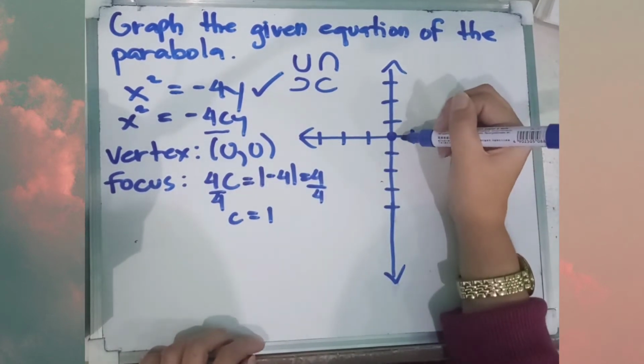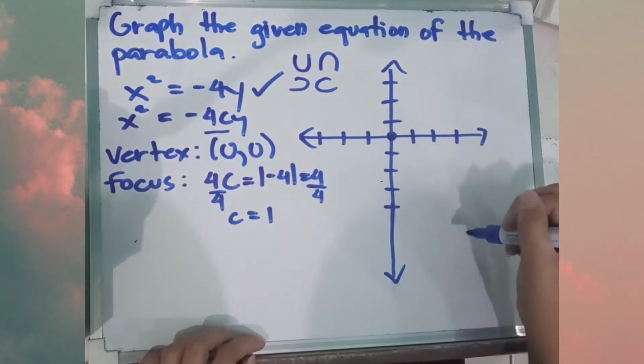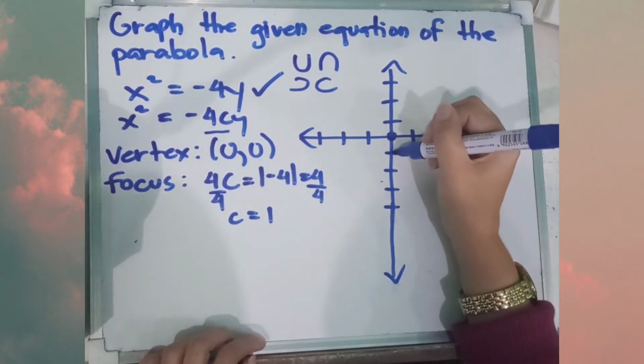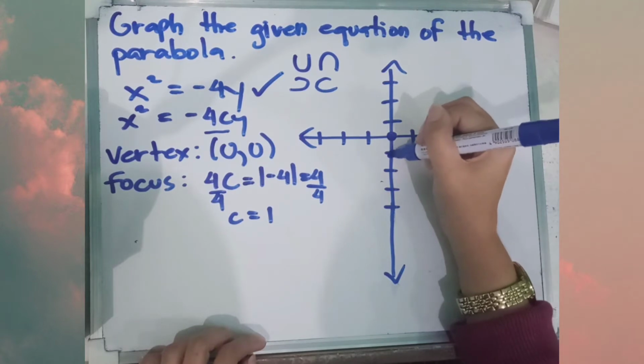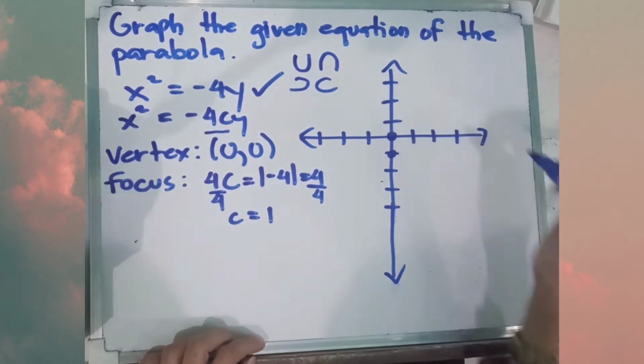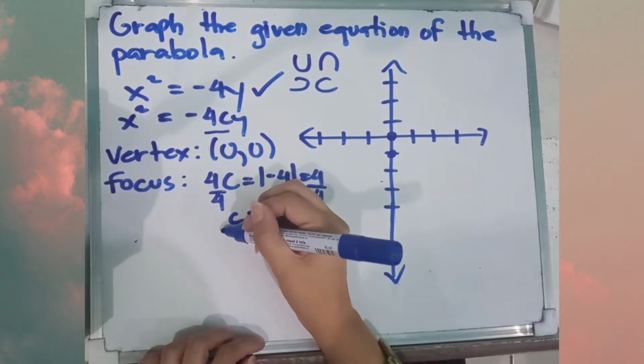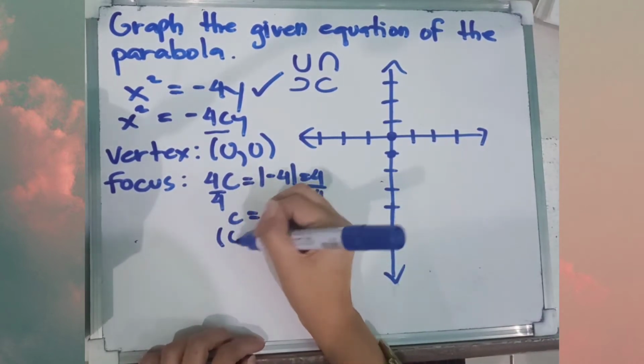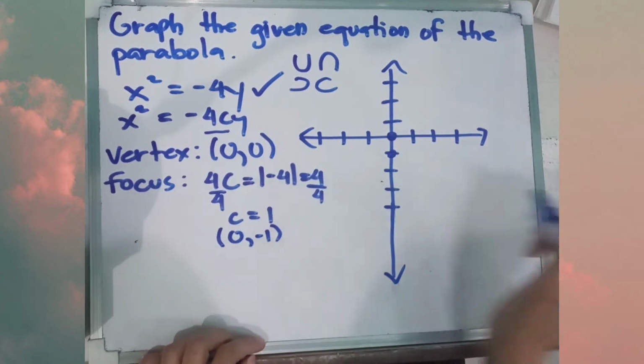Since the graph is opening downwards, our focus is located at the point (0, negative 1).